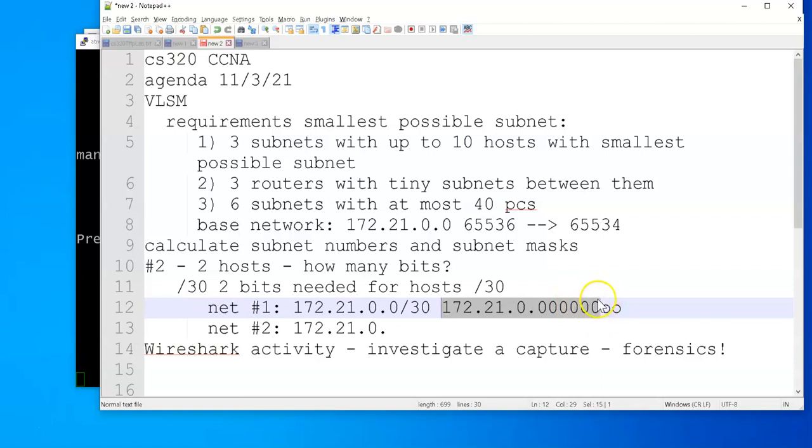So what I need to do here, what number do I get if I change this to be the next network, the next subnet up? What if I put a 1 here? What do I get?